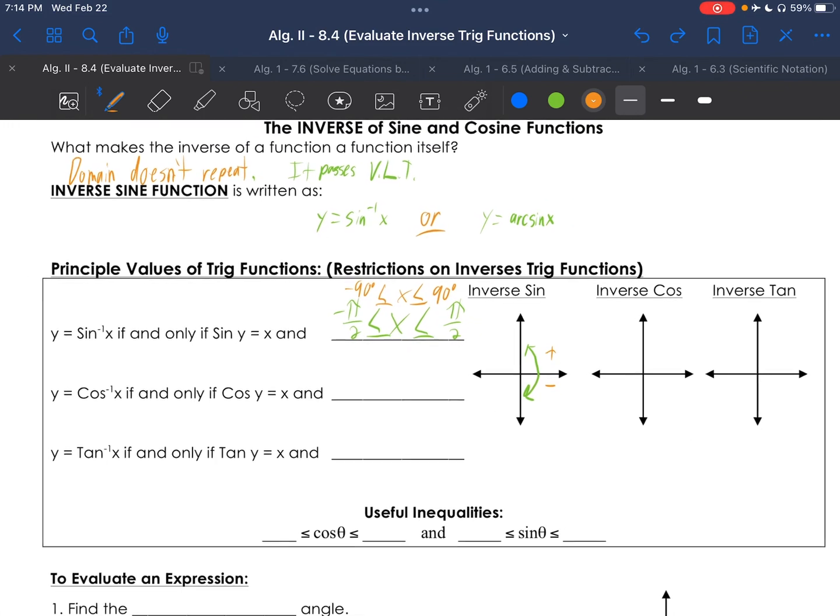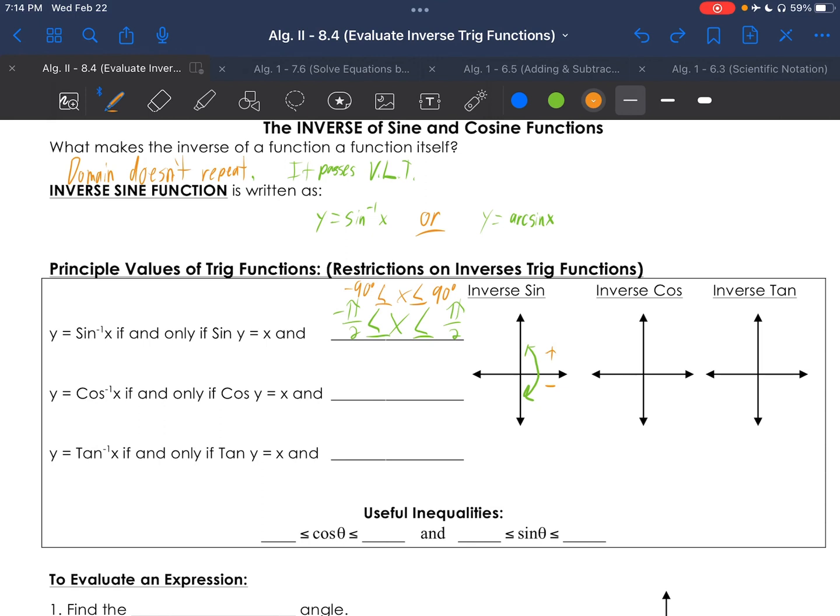Now the domain of inverse cosine would have to be 0 less than or equal to x, which is less than or equal to pi, which is the same thing as saying anywhere between 0 degrees and 180 degrees.